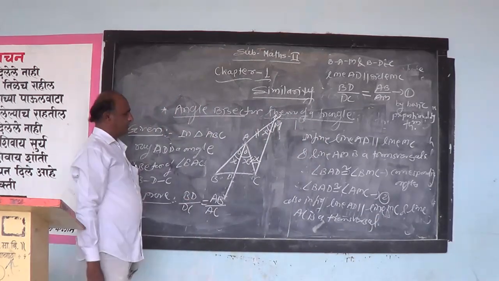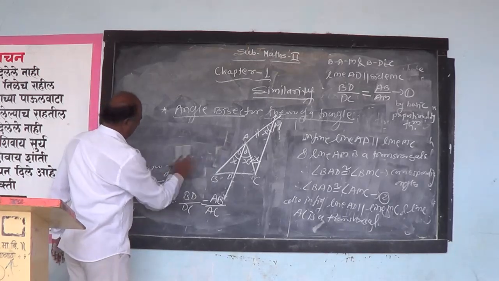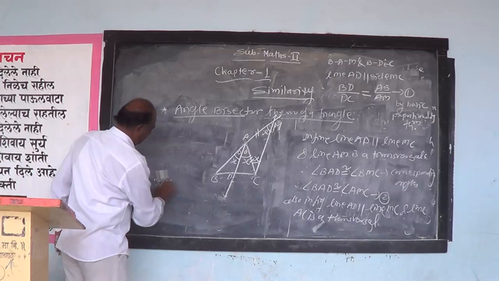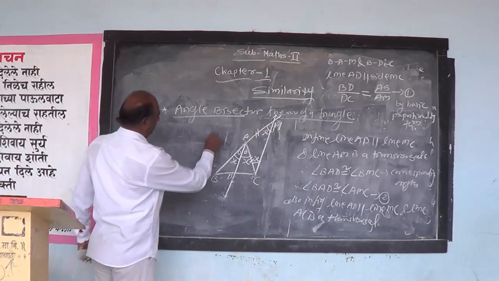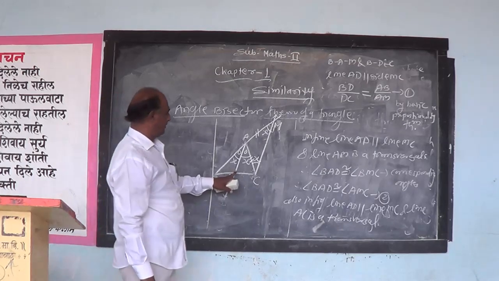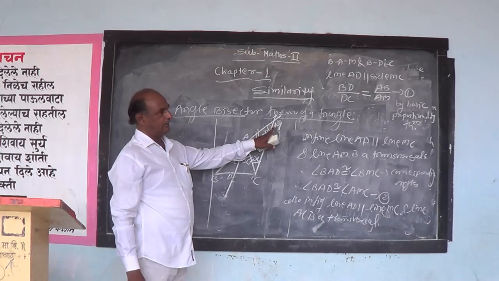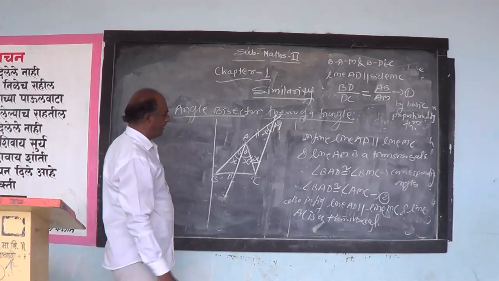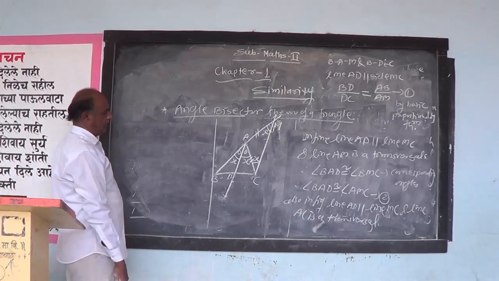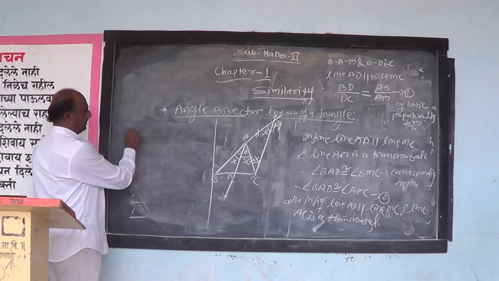And when that line is a transversal, we get a new relation, forming angle DAC and angle ACM. Those two angles are alternate angles, and by the alternate angle test, those two angles are congruent.